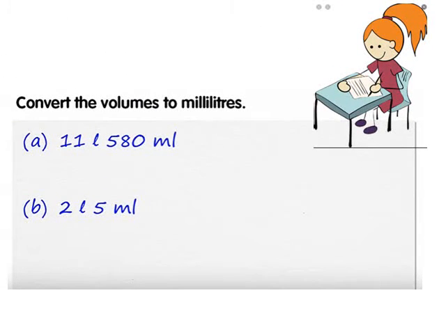Convert the volumes to milliliters. I have two volumes that are in liters and milliliters, and I want to change them to milliliters only. Number A, 11 liters and 580 milliliters. My first step, I will change the 11 liters into milliliters. How can I do that?